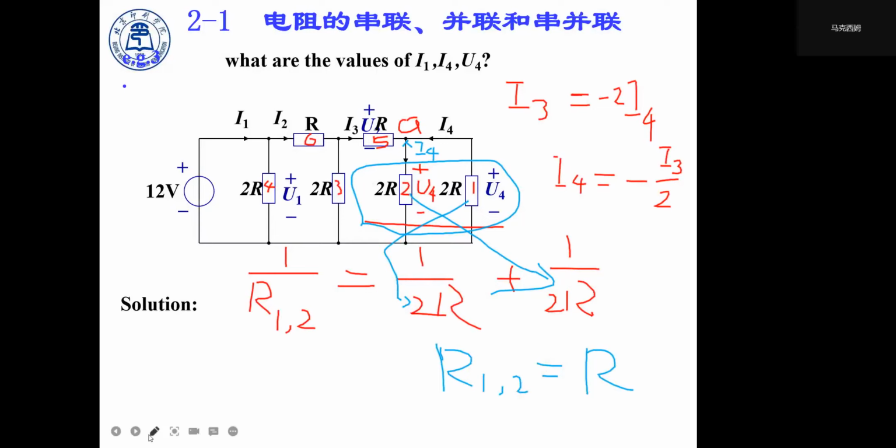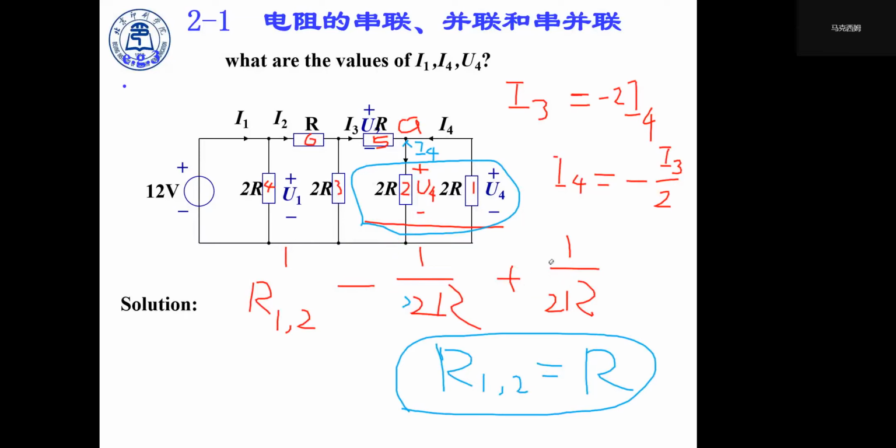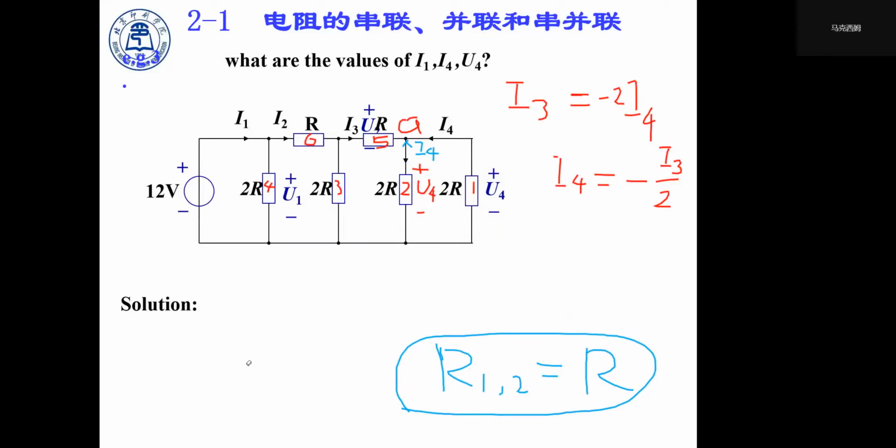With the value of this one, we cut those two off and add another one.